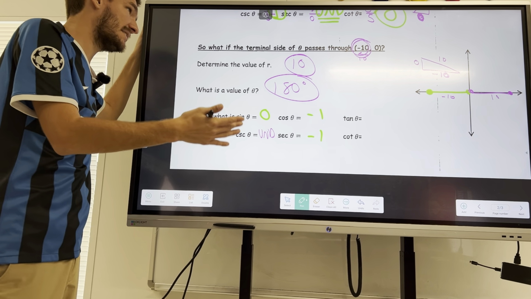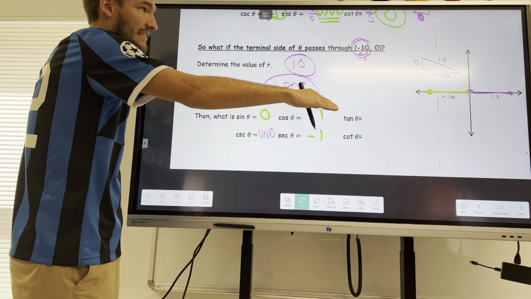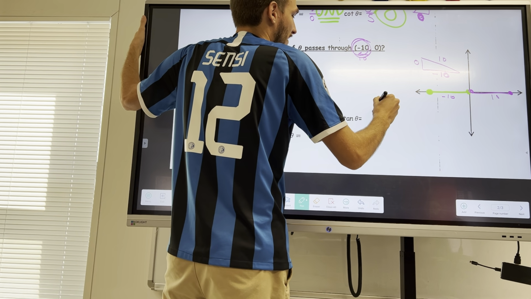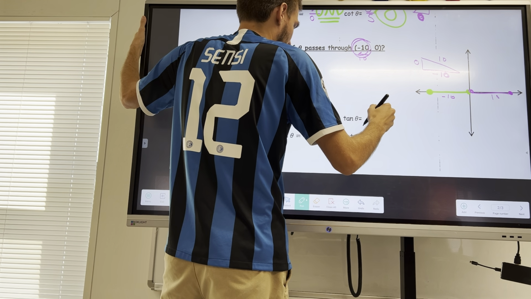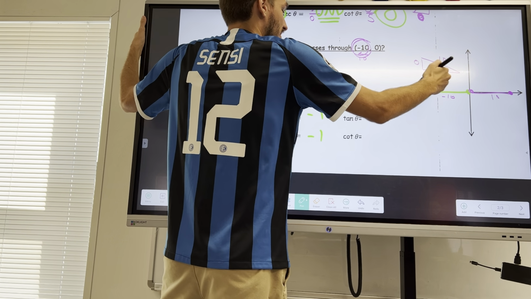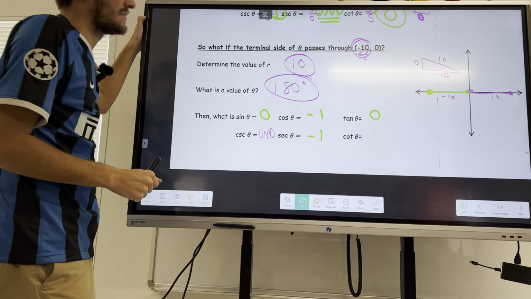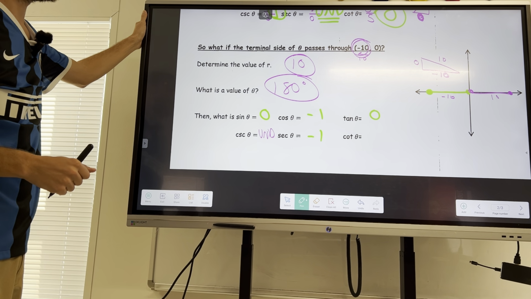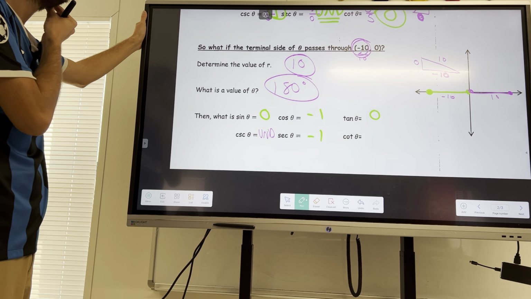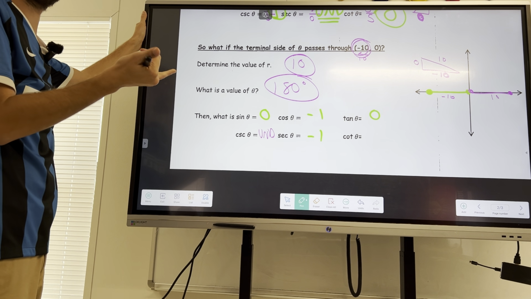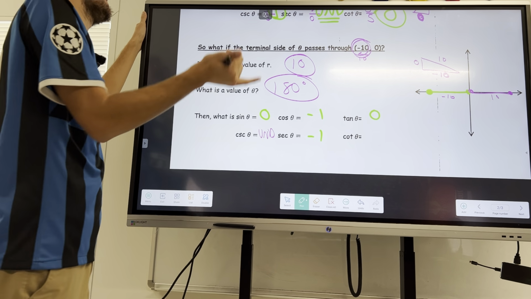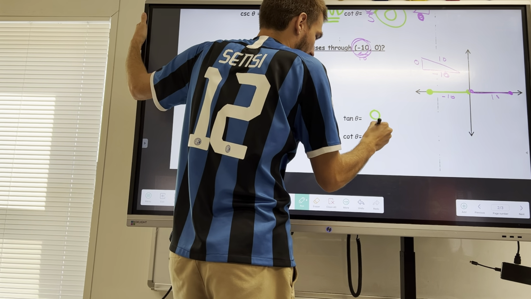The tangent is opposite over adjacent, which is going to be 0 over -10, so 0. And the cotangent is going to be adjacent over opposite, and that's going to be undefined again.